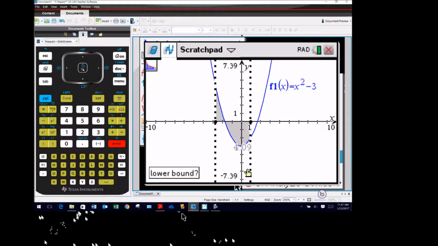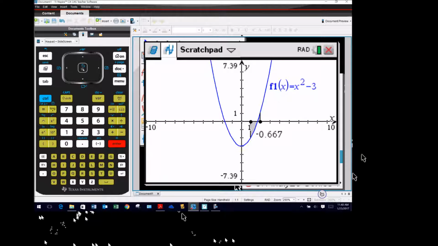You could screw up and actually put the upper bound in first, I suppose, and you'd still have a way to fix yourself. But we're going to go ahead and move this to the right. And now the question says, what is the upper bound? And I'll type in 2. And then, does this answer look familiar? That is our -2/3.